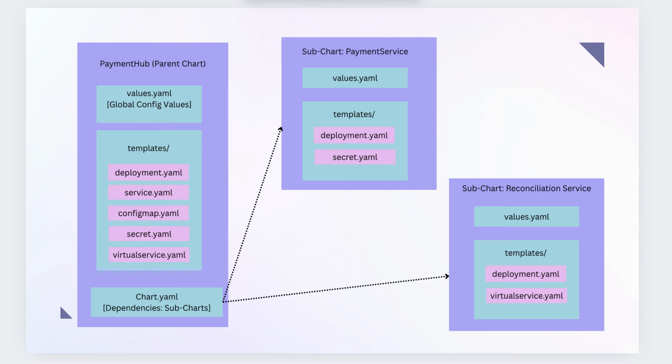The reconciliation subchart includes deployment.yaml and virtualservice.yaml, tailoring Istio routing for reconciliation tasks.